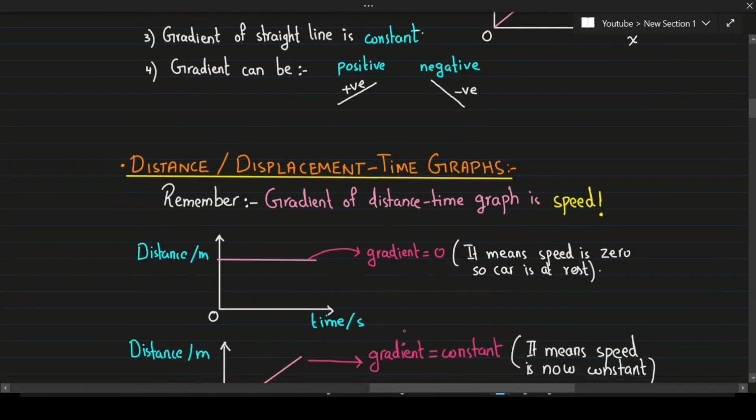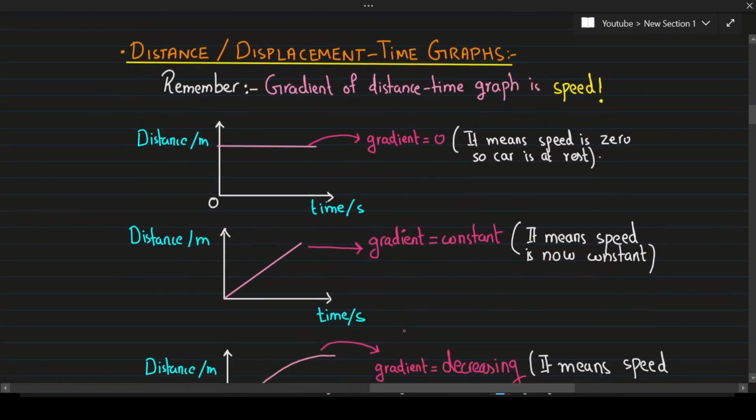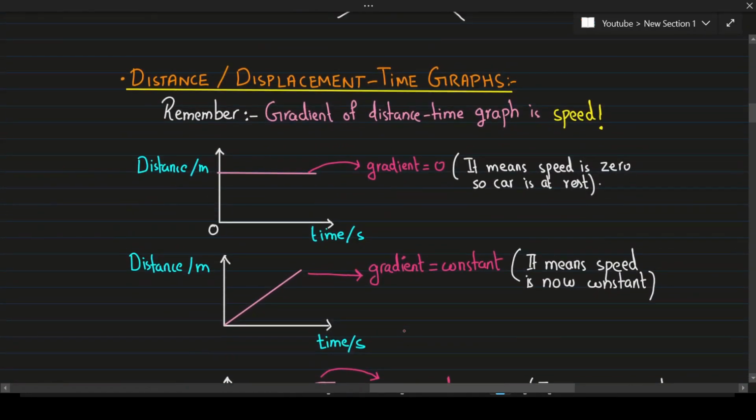Now moving on to displacement or distance-time graphs. It could be distance or it could be displacement. Displacement will be applied when there is a negative part of the graph. We know that displacement is a vector, so it can be negative. When it is negative it means that the body is moving backwards.